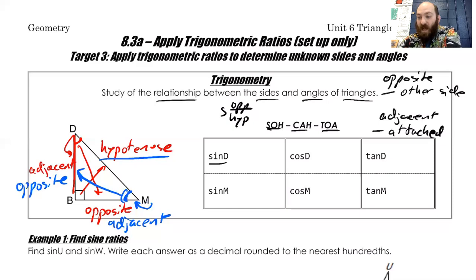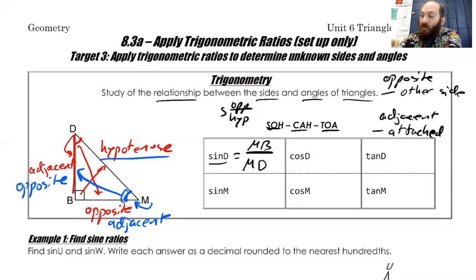For example, for sine of D, I'm going to look here at angle D and see what side is opposite. It's MB here. So this is going to be MB divided by the hypotenuse, which is MD. Again, hypotenuse is always the same thing, no matter what.